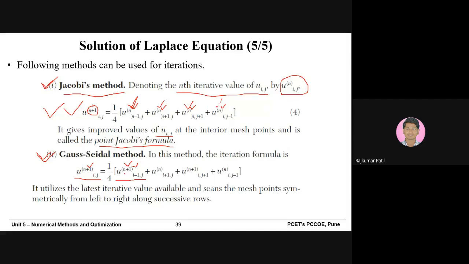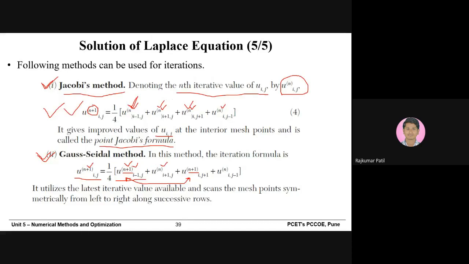When doing the next iteration, if the latest value is available for any data point, then we can use that as n plus 1. Here you can see there are 2 points where the latest iterative values are available, so we can use them.